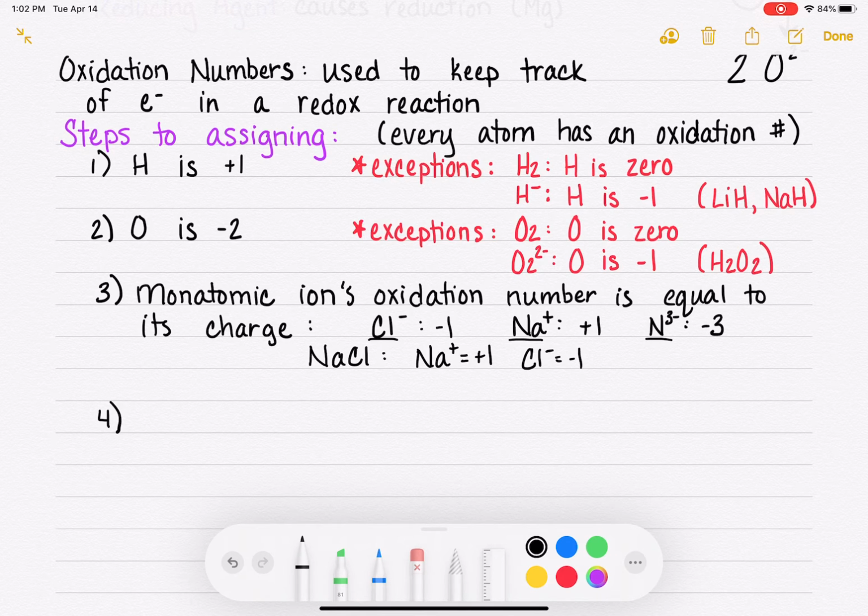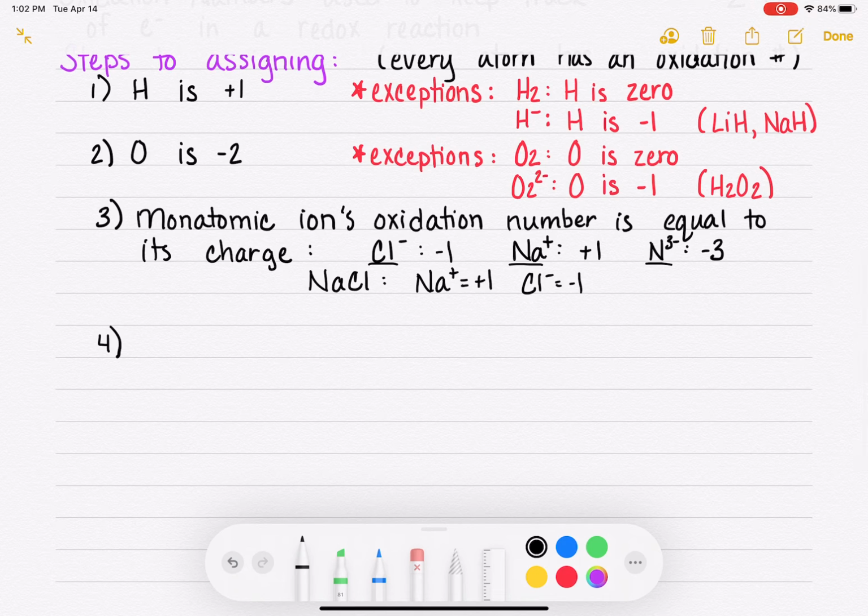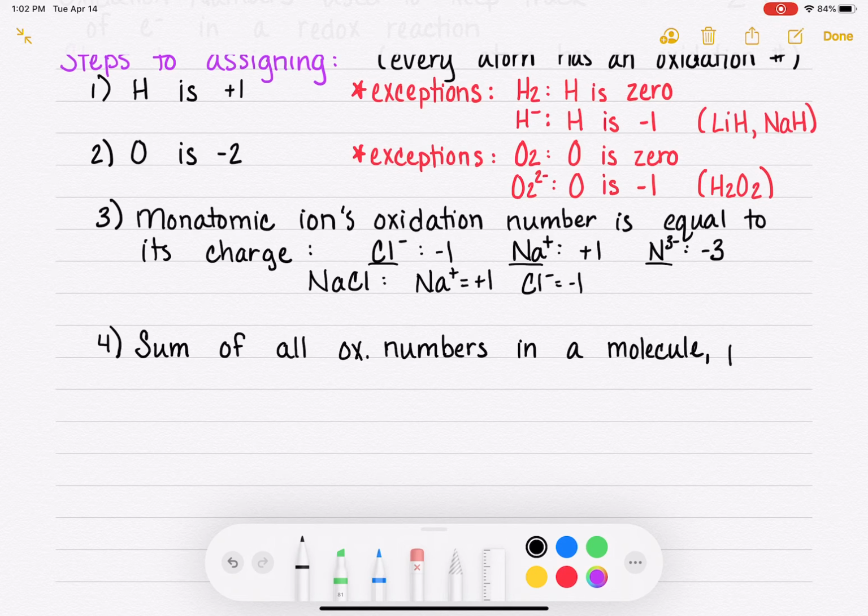Once we get through all of the monatomic ions, the last step, step number 4: the sum of all the oxidation numbers in a molecule or a polyatomic ion or a compound or whatever, the sum of all of the oxidation numbers is always equal to the overall charge.